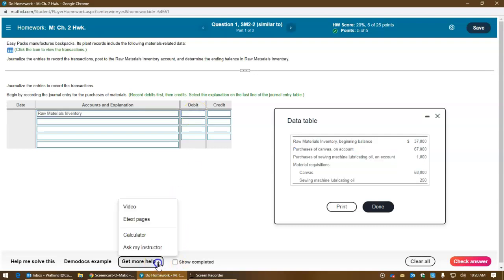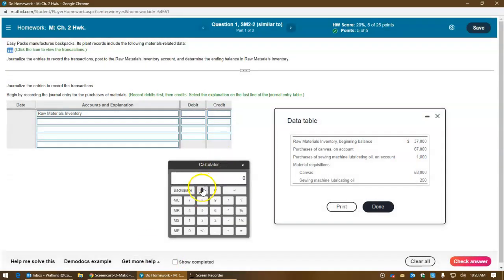So let me pull up the calculator. And 67,000 were purchases of canvas, and $1,800 were purchases of the lubricating oil. So total raw materials, 68,800.